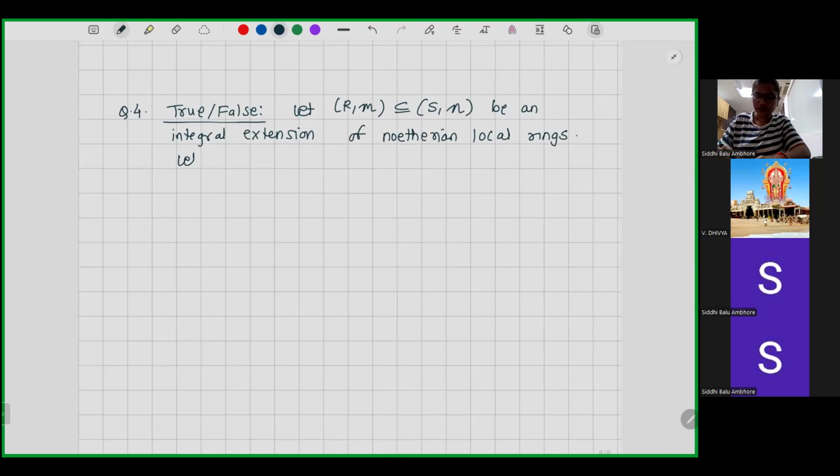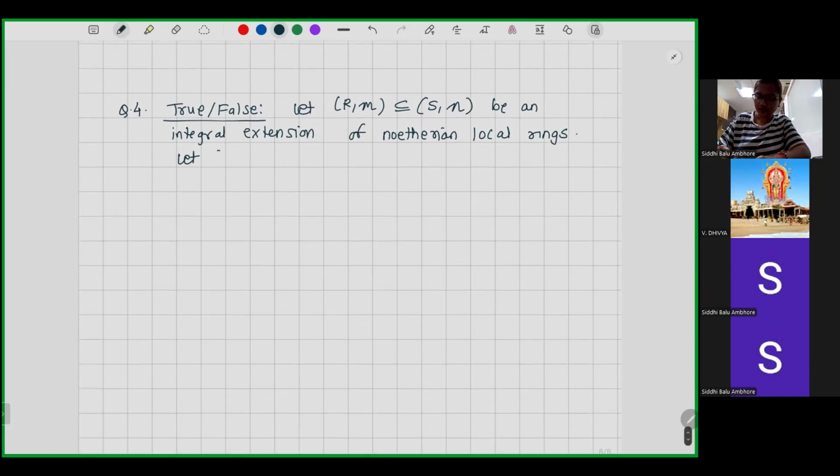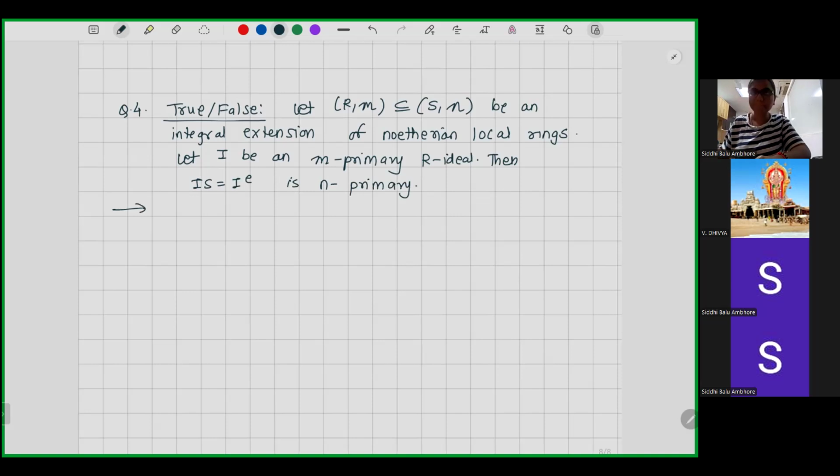And let I be an m-primary R-ideal. Then this IS, that is I extension, is n-primary. Okay, so this is the question.